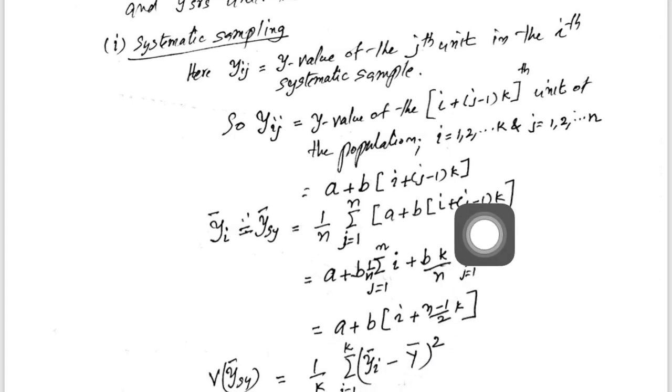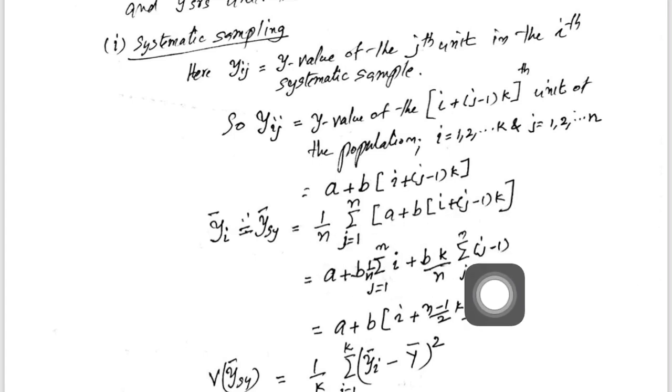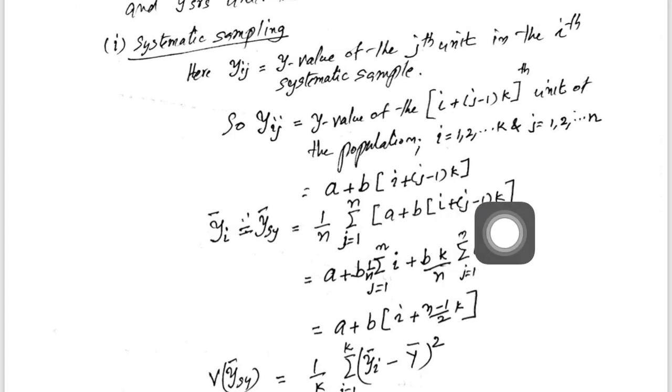Then the last term is 1/n into b into k into the sum over (j-1), summation over j equal to 1 to n. You can see that this sum is nothing but (n-1)n/2, because it is actually the sum of the first n-1 natural numbers, not n natural numbers.